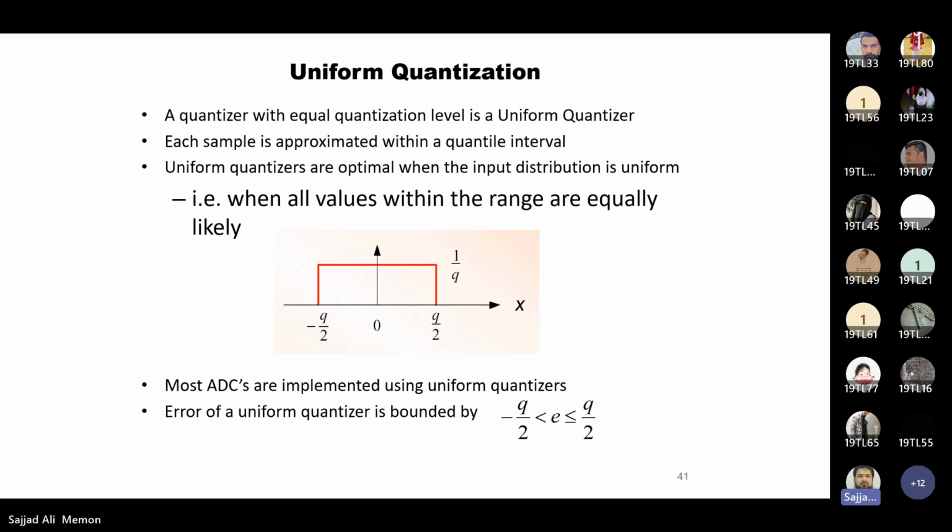Uniform quantizers are optimal when the input distribution is uniform, that is, when all values within the range are equally likely. Most analog to digital converters are implemented using uniform quantizers, and the error of a uniform quantizer is bounded by this expression, from minus Q over 2 to Q over 2.